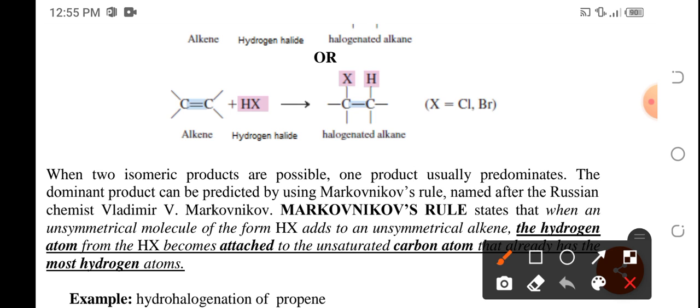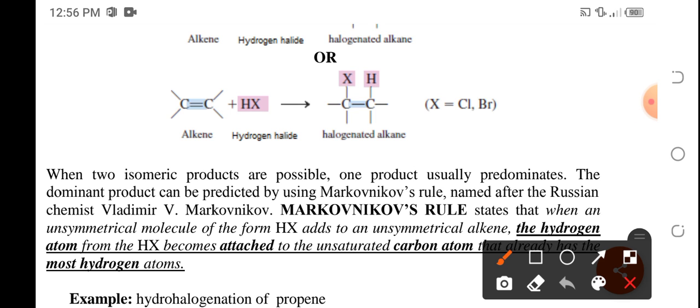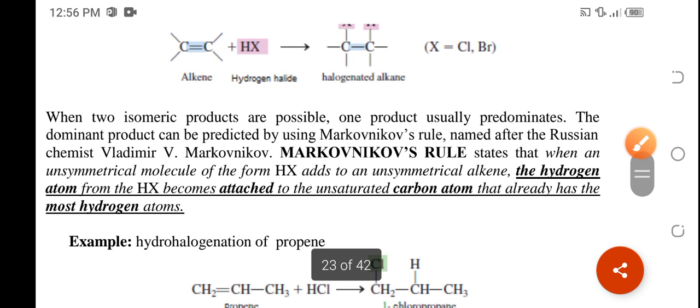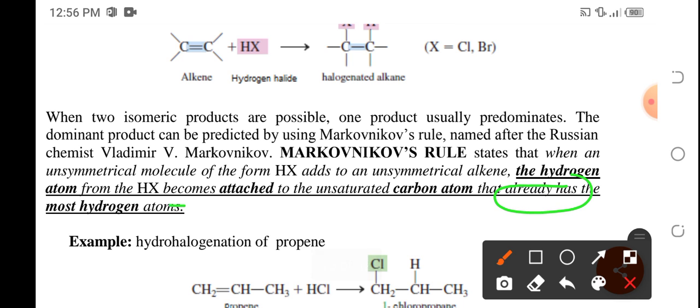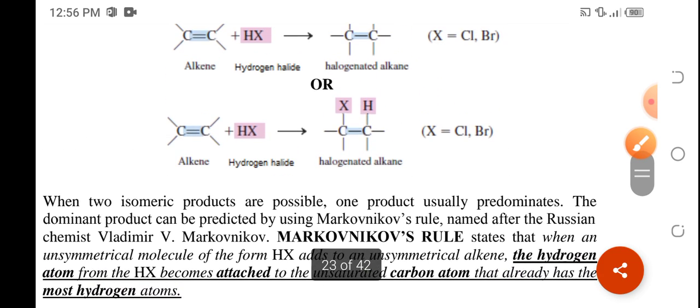This rule states that the hydrogen atom coming from the HX reactant, the hydrogen halide, will be attached to the unsaturated carbon that already has the most number of hydrogens. So anong sinasabi ni Markovnikov's rule?